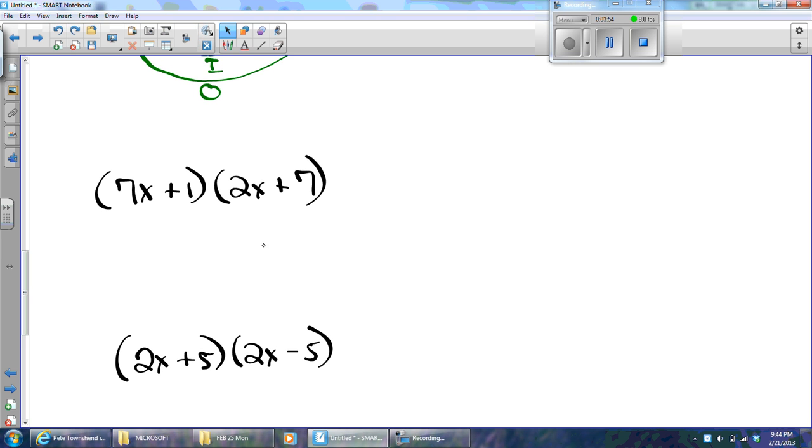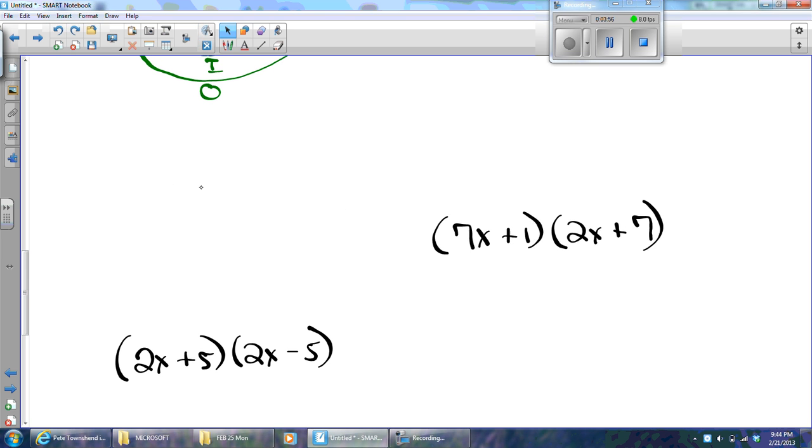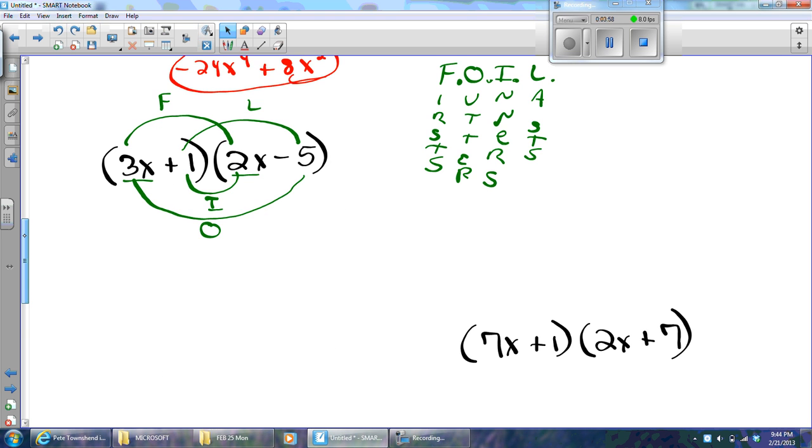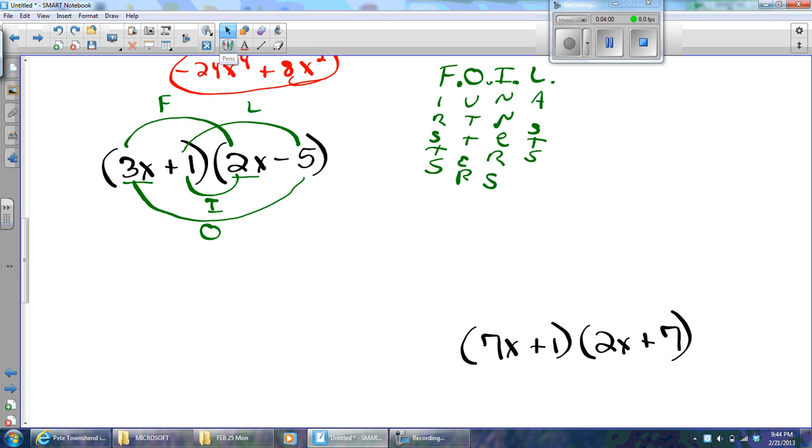Let me give myself some more room to work with here. I'm going to multiply my firsts. My firsts, in this case, are 3x times 2x. So 3 times 2 is 6. X times x is x squared. Now I'm going to do my outers. My outers are the 3x and the negative 5. That's going to be a negative 15x.